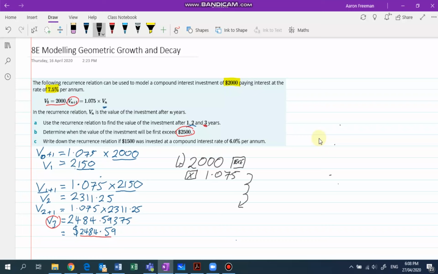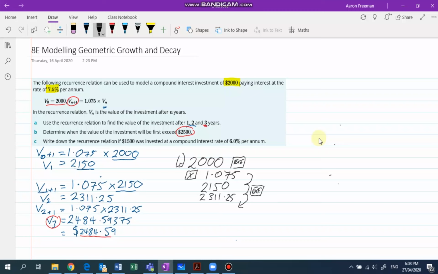So the first time you do that should follow our recurrence relation we've already done. Okay, so first time you get 2,150. Then we hit execute again, and you get 2311.25.